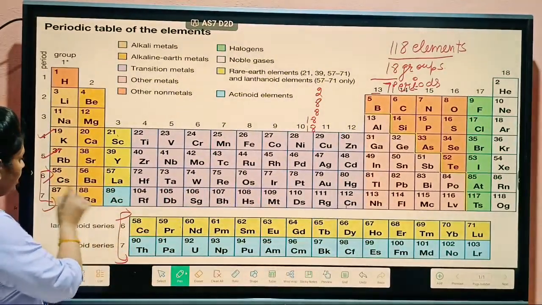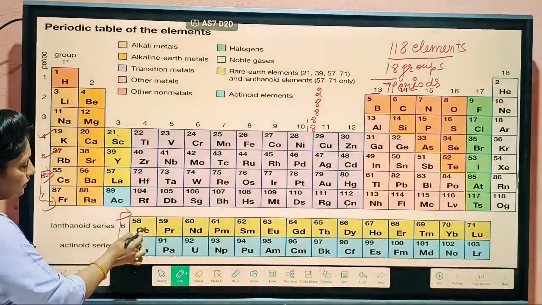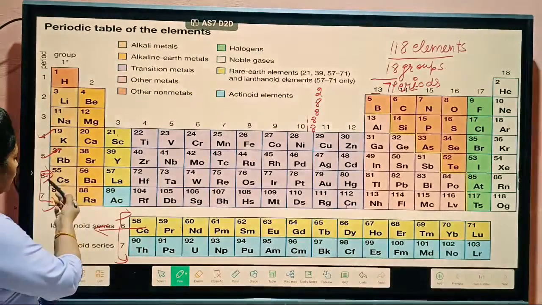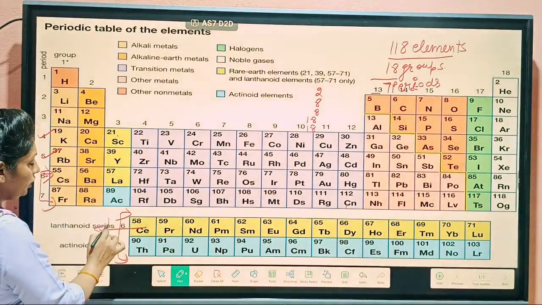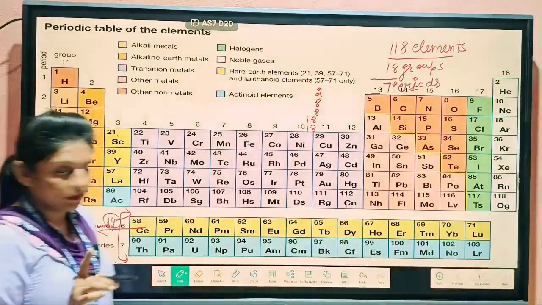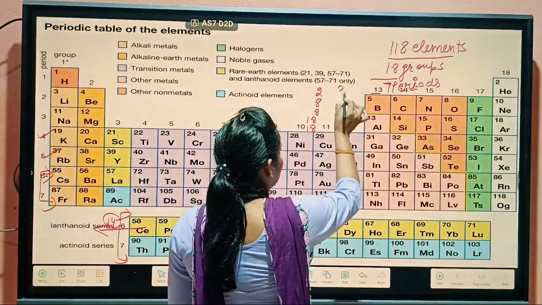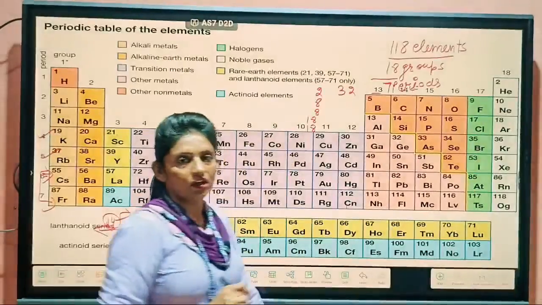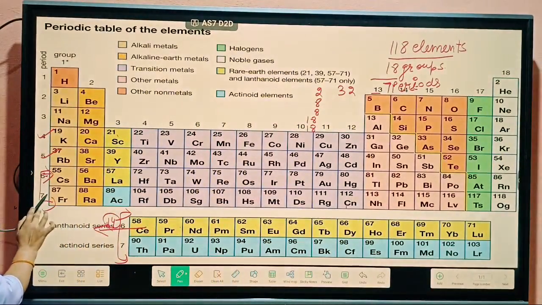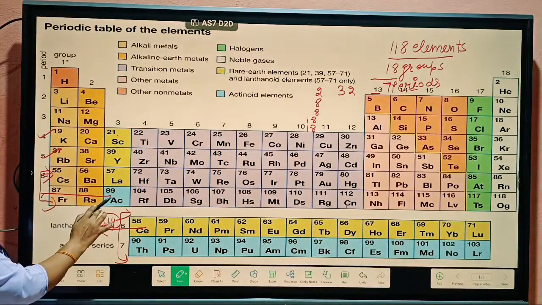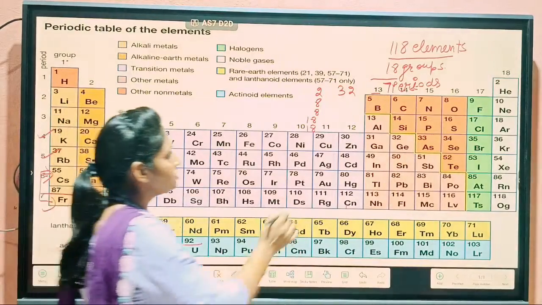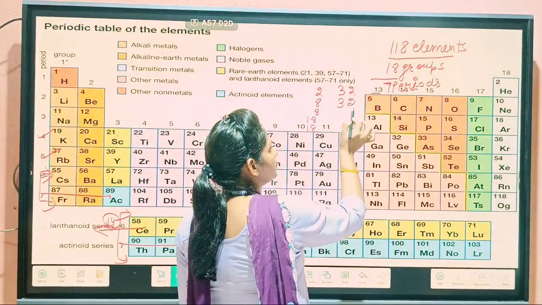In the sixth period, the lanthanoid series is included. So here total 18 plus 14, so in the sixth period, a total of 32 elements are there. And in the seventh also, these 18 plus 14 of the actinoid series, also a total of 32 elements.